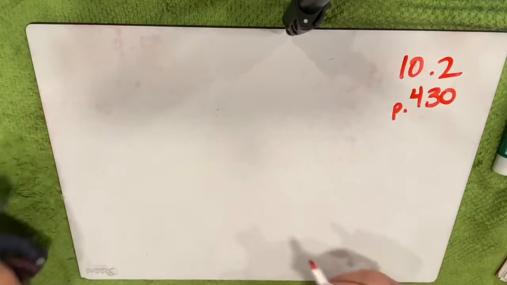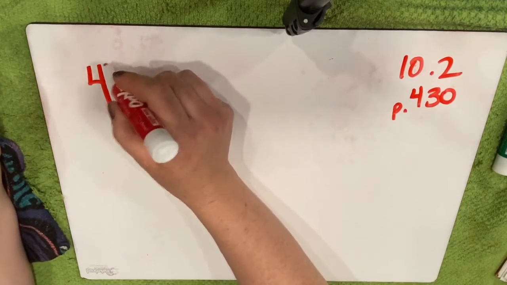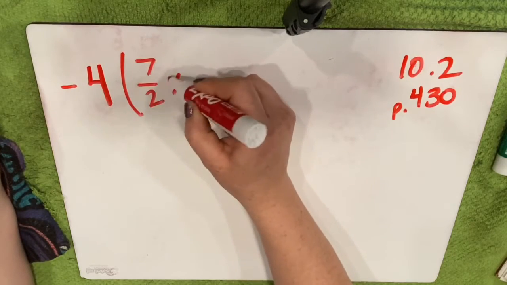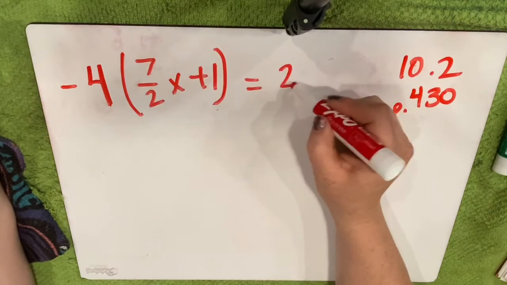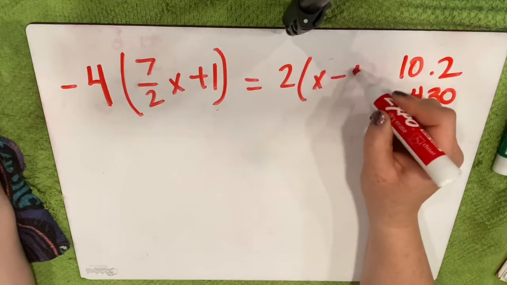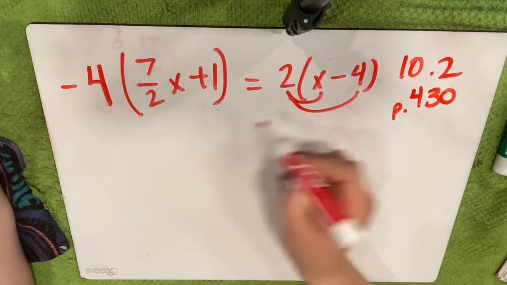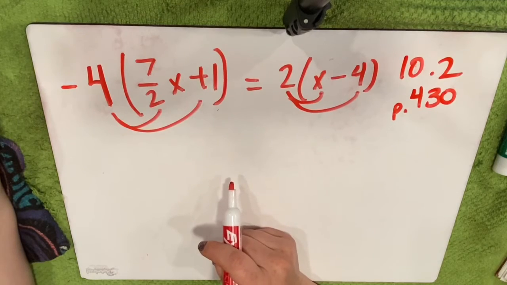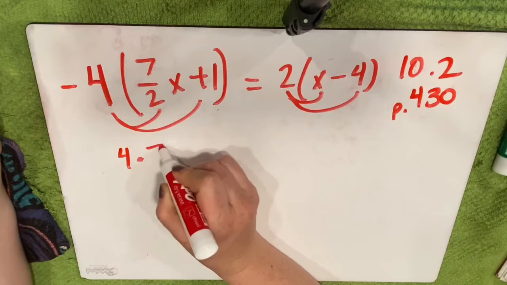Okay, let's do another one. Ooh, they're getting hard on you guys here. 4 times (7 over 2 x plus 1) equals 2 times (x minus 4). So we got to distribute on both sides. So this first one is 4 times 7 over 2.